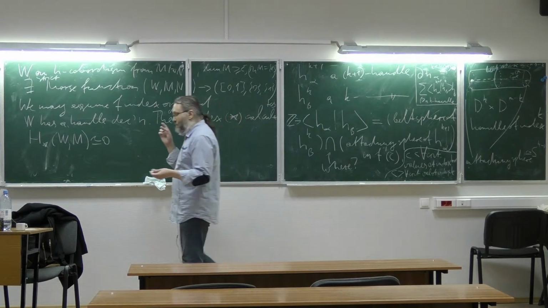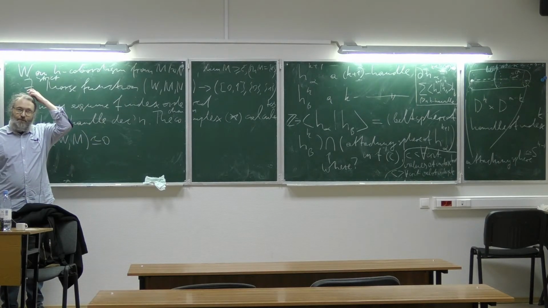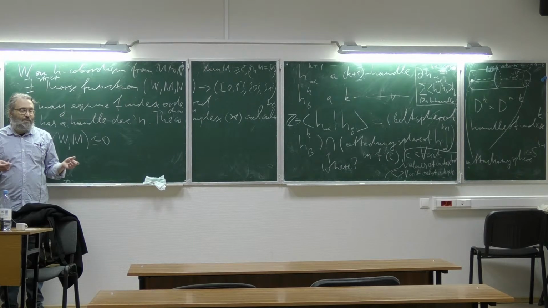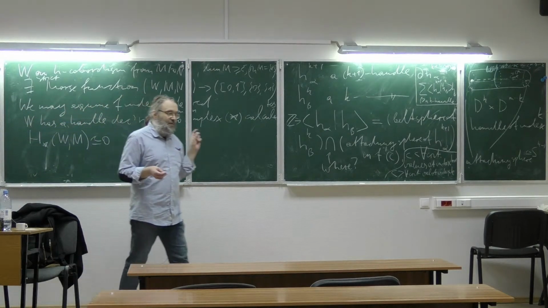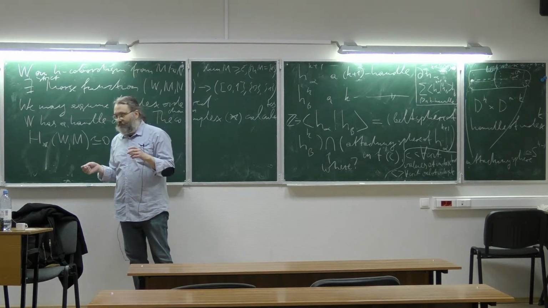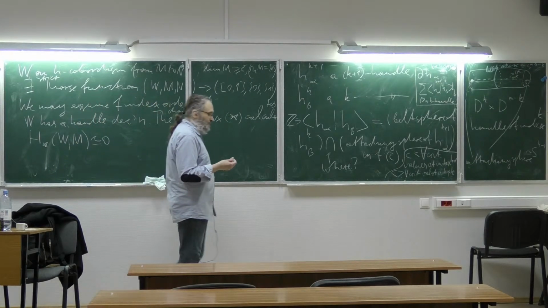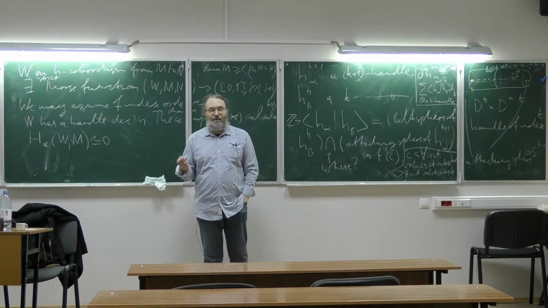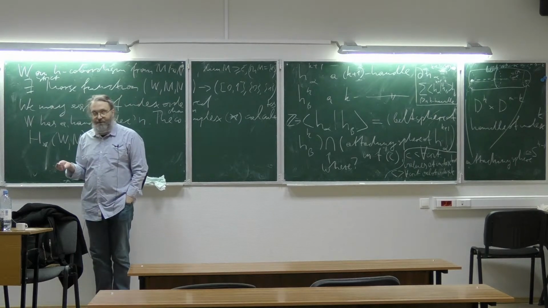Now, Morse functions form the complement of something of codimension 1. So one can pass from one Morse function to another one through Morse functions and a finite number of non-Morse functions.